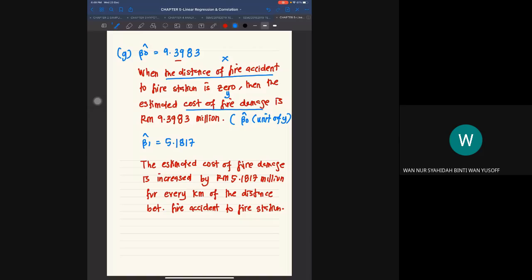Okay, so in general, kalau negatif kat sini, so sini akan jadi decrease.